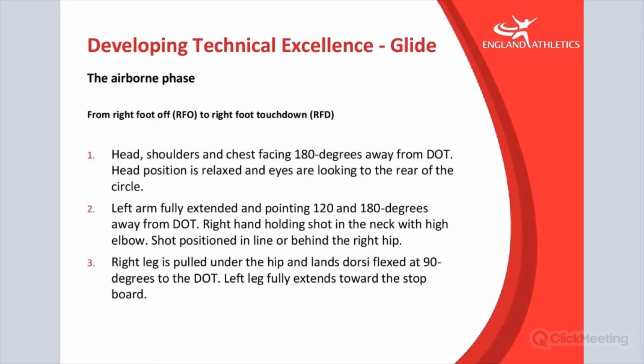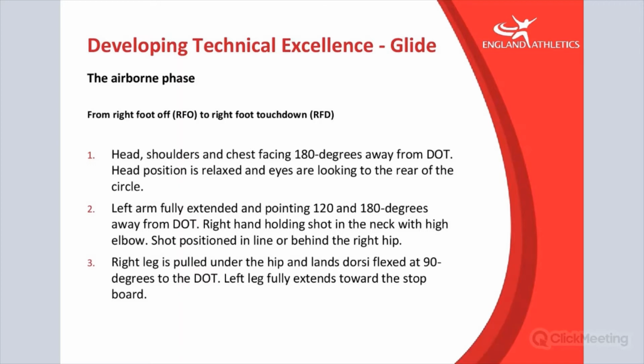So next we start looking at the airborne phase. This phase is from when the right foot comes off the back of the circle, off the heel that we just saw there, to the right foot coming down. Again, head, shoulders, and chest are facing 180 degrees away from the direction of the throw. Head position is relaxed. Eyes are looking to the rear of the circle.